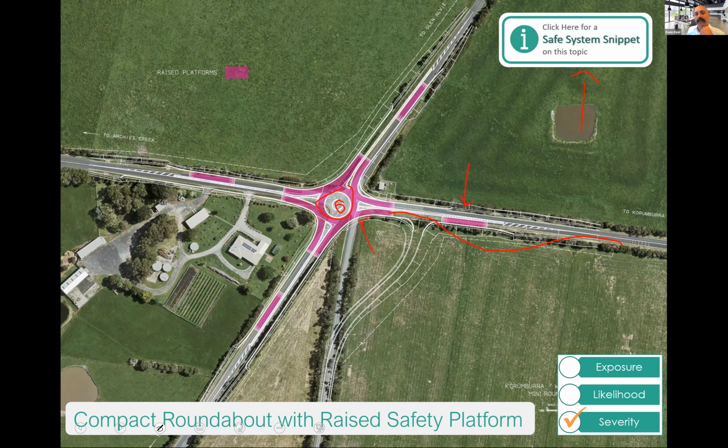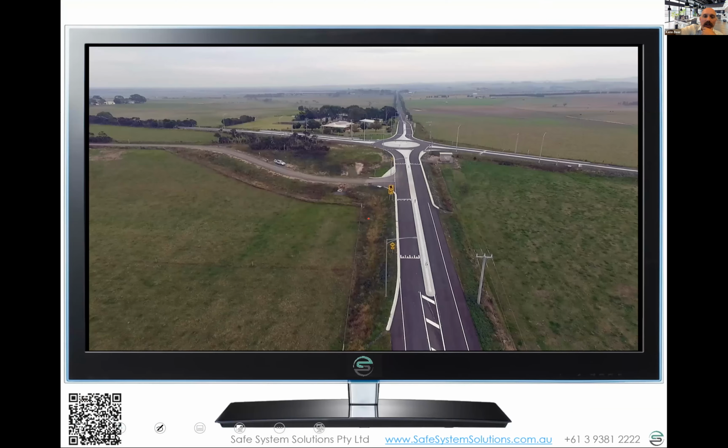Now, it is a 100-kilometer road environment. It did get reduced to 80 around the intersection, but still very high speed. And then again, vertical deflection, and people are just wowed by them. But anyway, this one got built as well. So here's a bit of drone footage of it. You can see this is a shallow raised intersection there.